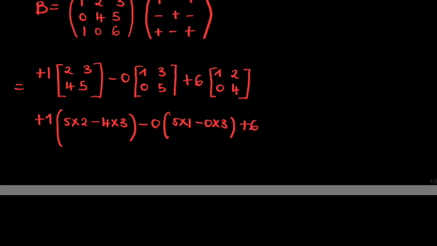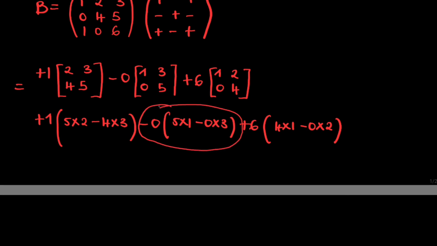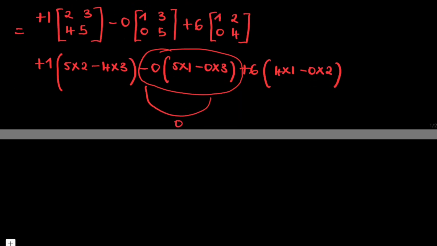And we have plus 6 times 4 times 1 minus 0 times 2. If we see this case, 0 times anything is basically 0. That is why I chose 0, in order to make this easier. So we will just eliminate that one since it is 0.